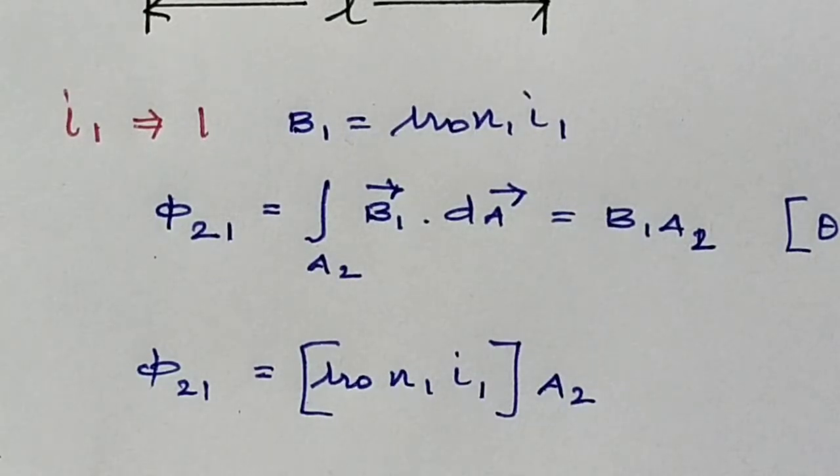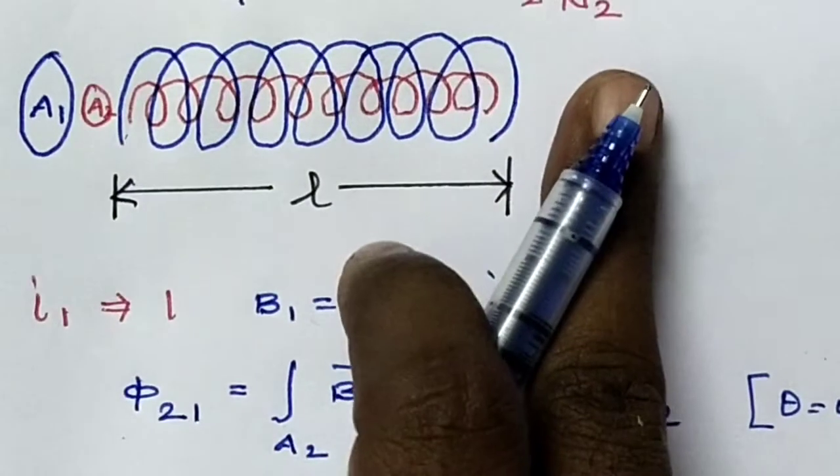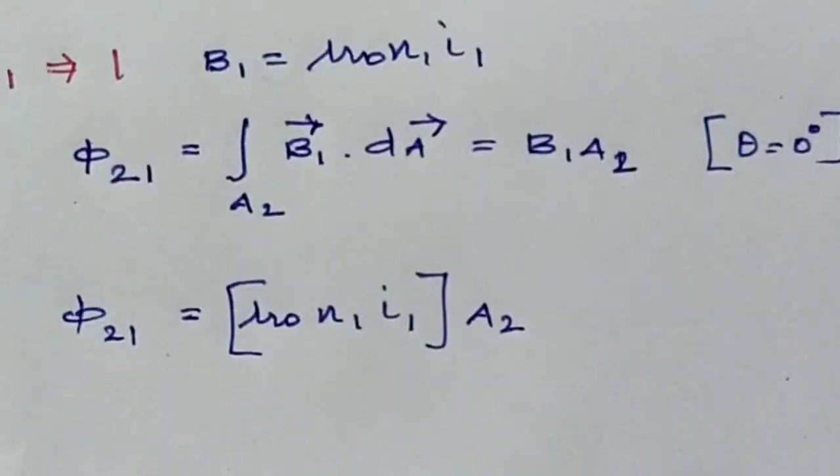Now the flux linkage with the second solenoid. The number of turns in the second solenoid is N2, where n2 is the number of turns per unit length.